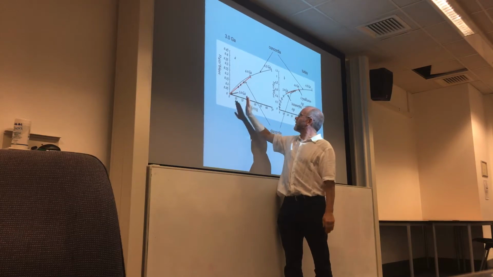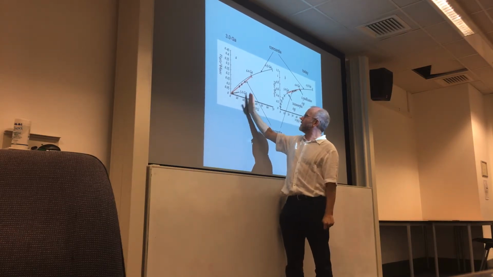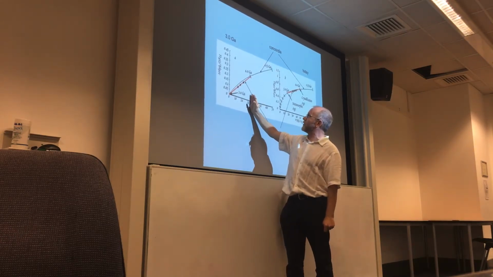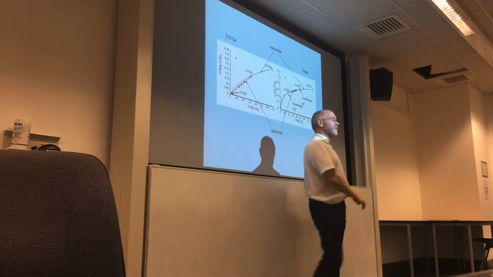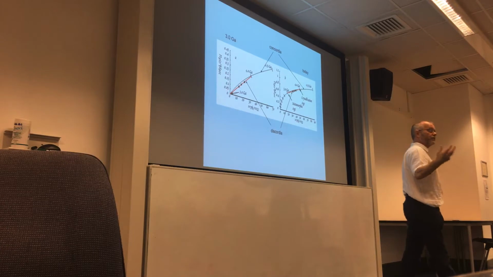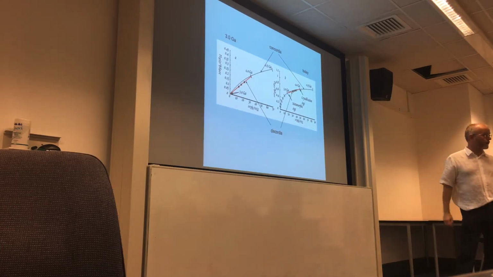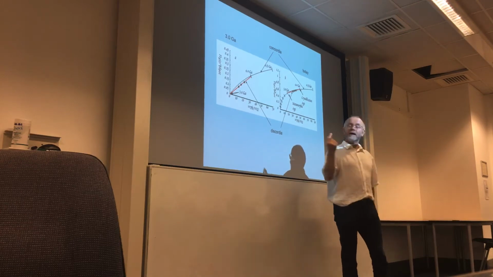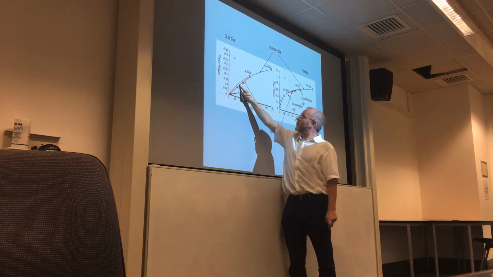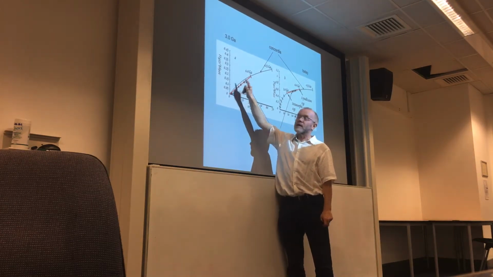We lose half the lead 207, then the 207-235 ratio drops by a half. And then that would also mean that the lead 206 to uranium 238 ratio will also drop by a half. So when we lose part of the lead, we now fall on this straight line here.